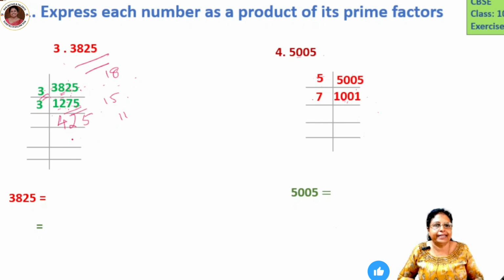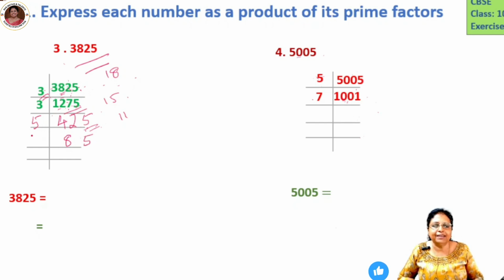So let us try the next number, 5. You know 5 is a factor of 425 because it is ending with 5. Let us divide it by 5. 5 eights are 40, 2 remainder, 25. 5 fives are 25. So we got 85.